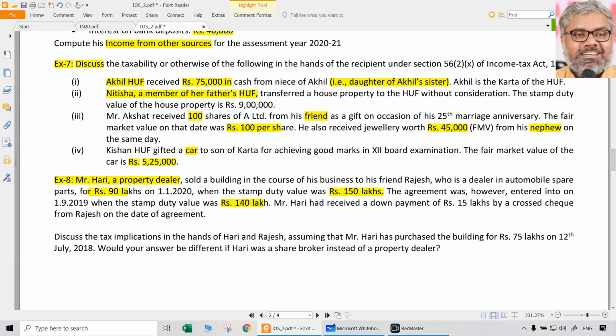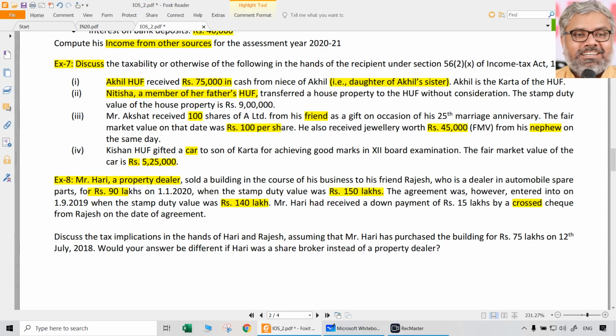So now the dilemma. Should we take 150 or 140? For that, we have to check whether on the date of agreement the amount is paid wholly or partly by way of account payee cheque, draft, bank transfer, etc. For that, we have to check the further details. Hari received a down payment of 15 lakhs by a crossed cheque from Rajesh on the date of agreement.